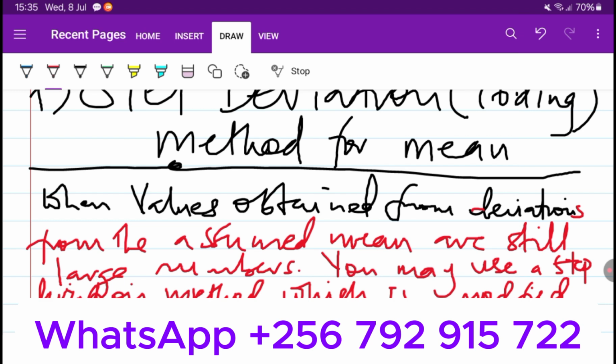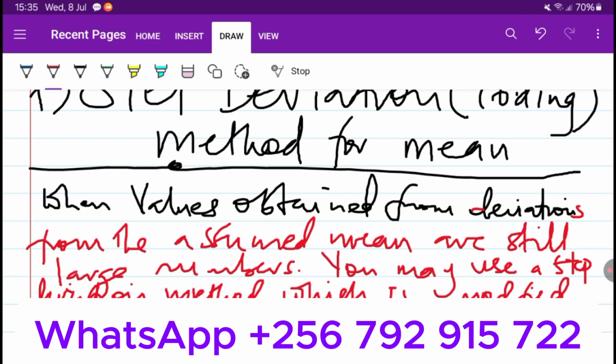So this step deviation or coding method is just a modification of the assumed mean.